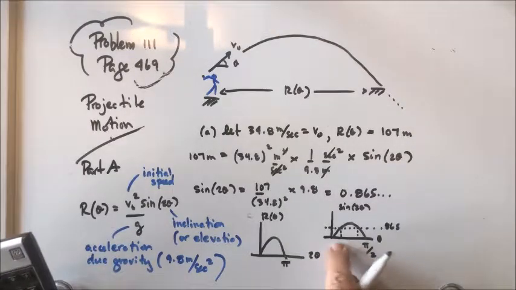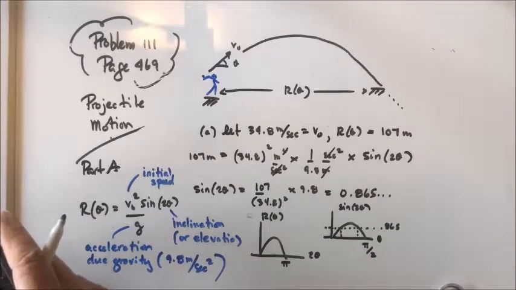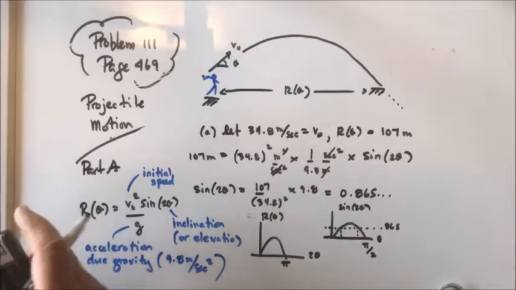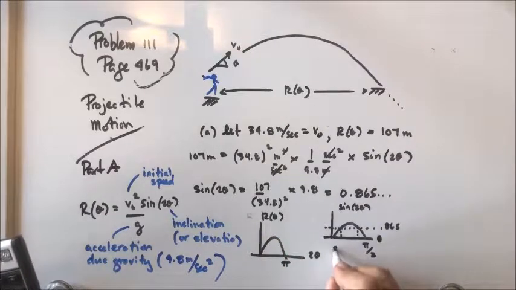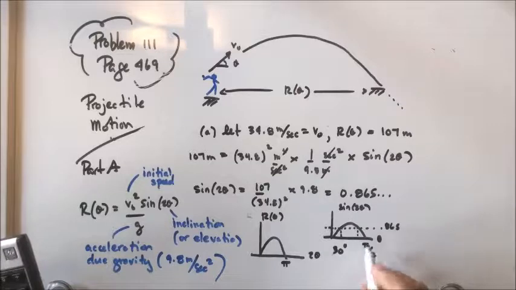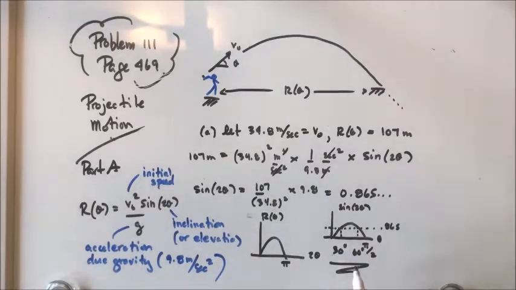Let me just do this in degrees. In fact, I'm going to see how close it is to 30 degrees, because what do I have to do? I have to multiply that by 180, and then divide it by pi. And yeah, pretty darn close to 30 degrees. And if that's 30 degrees, this is 30 degrees less 90 degrees. This is 60 degrees. So kind of a cute problem.